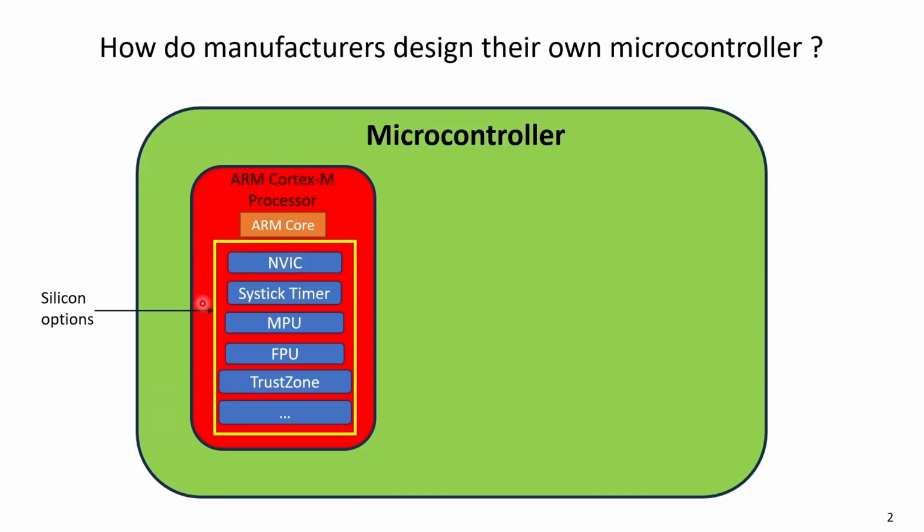There are some extensions of the ARM Cortex-M processor. For example, adding NVIC for interrupt management, system timer, MPU, the memory protection unit, FPU for floating point calculation, and security.